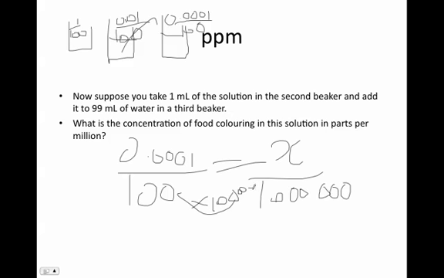So we got to times the top by 10,000. So we got to move this 4 decimal places. 1, 2, 3, 4, and that would be 1 ppm, parts per million now.